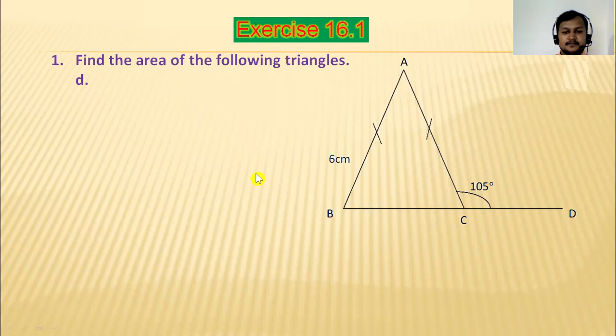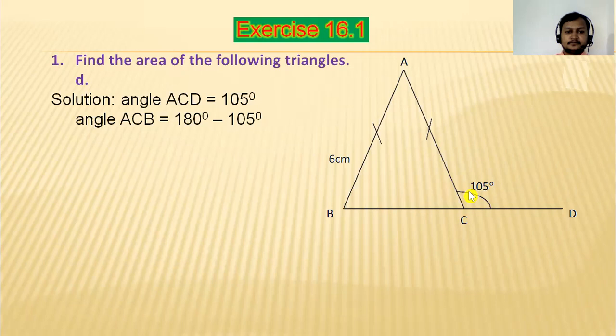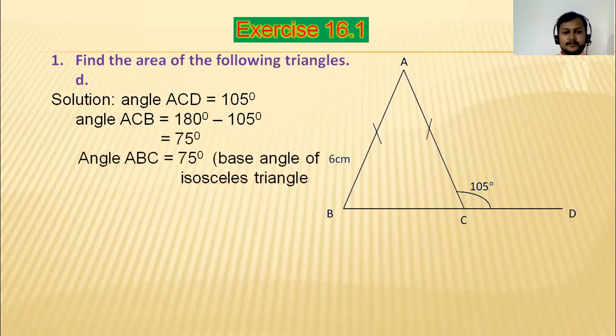So let's start it. Given thing, angle ACD is 105 degree. Then angle ACB is equal to 180 minus 105. Subtract it. 75 degree. Then angle ABC is also 75 degree, base angle of an isosceles triangle.